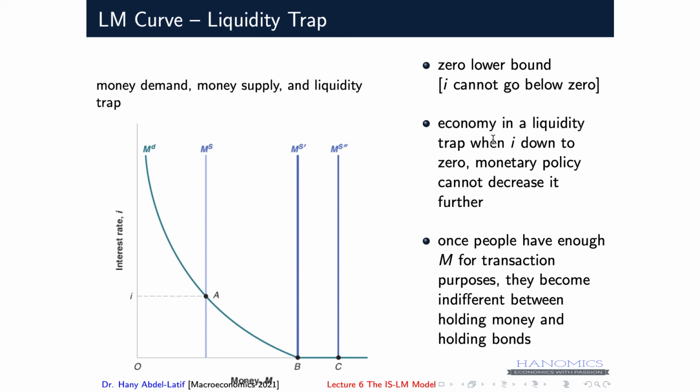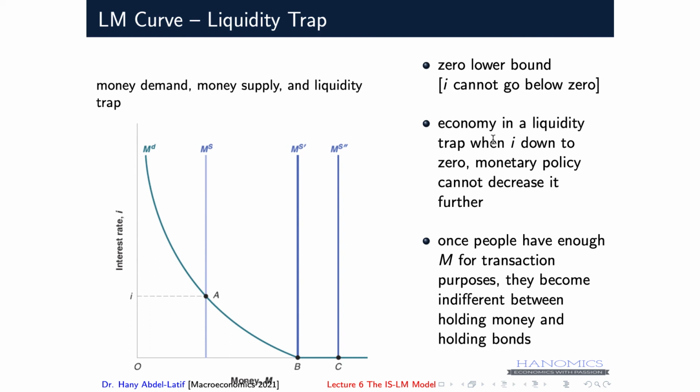The initial equilibrium point is A, and that means the interest rate is I. So increasing money supply from MS to MS prime, so that means we move from A to B, basically reduced the interest rate.